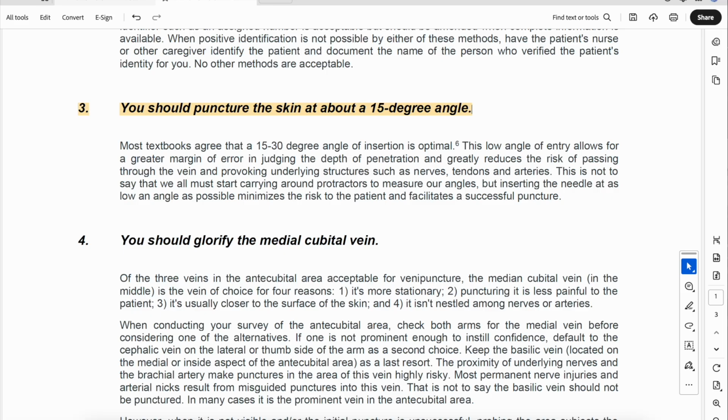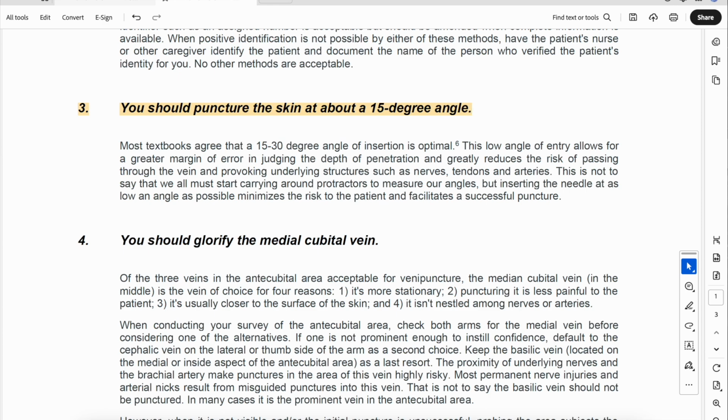This low angle serves multiple purposes. First, it provides a greater margin of error when judging penetration depth. Second, it significantly reduces the risk of passing completely through the vein, a common cause of hematoma formation. Third, it minimizes the chance of provoking underlying structures such as nerves, tendons, and arteries.